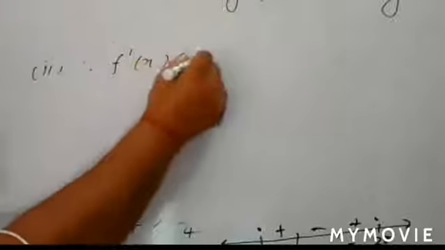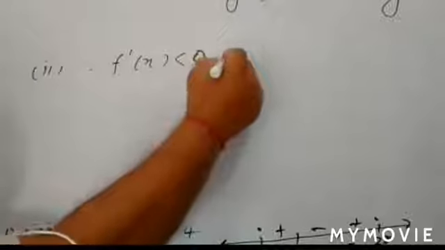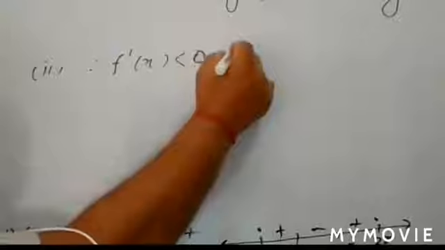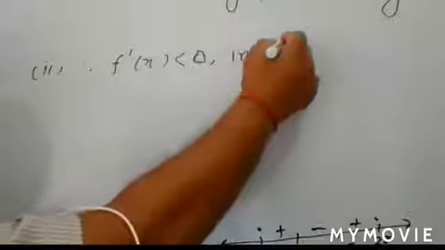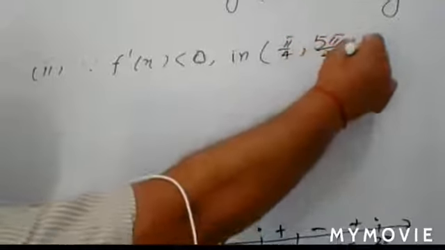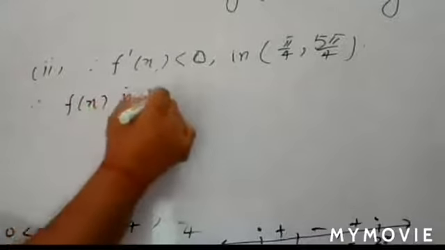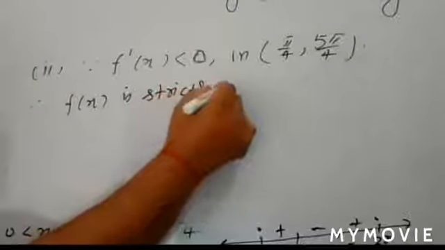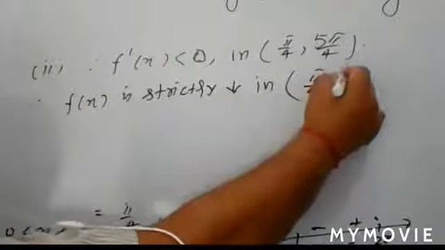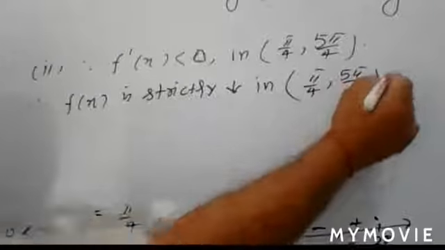Here you see that since f dash x is less than 0 in pi by 4 to 5 pi by 4, f x is strictly decreasing in pi by 4 to 5 pi by 4. So in this way, you explain your answer.